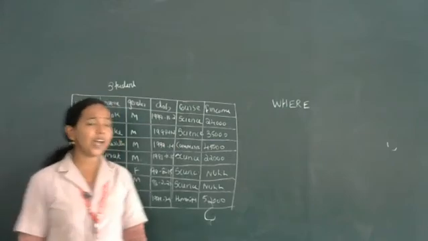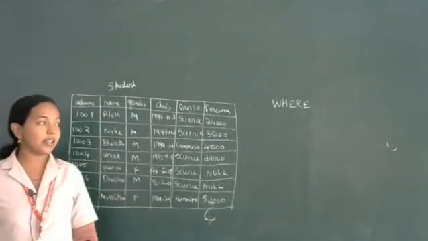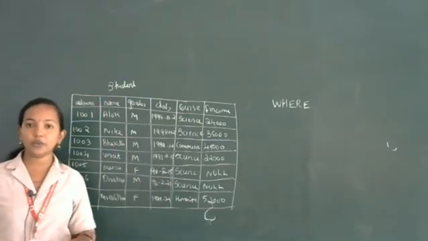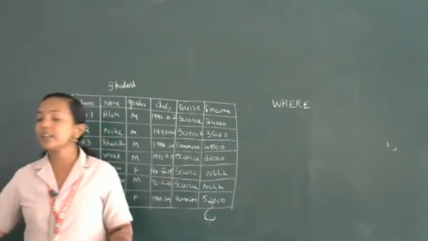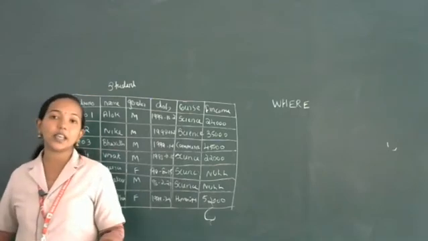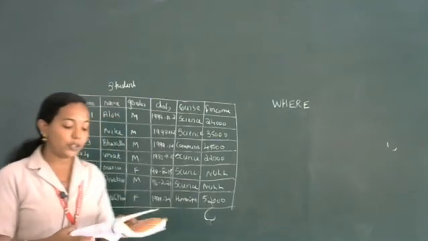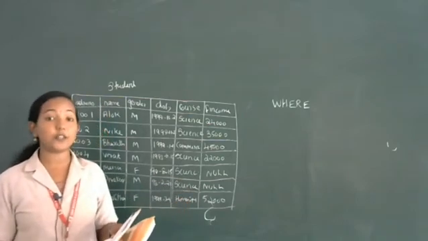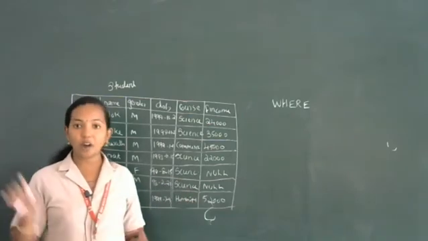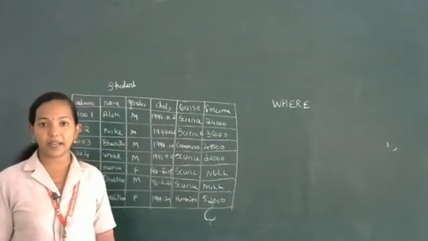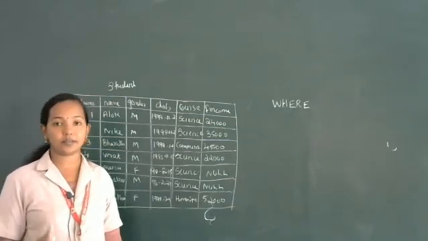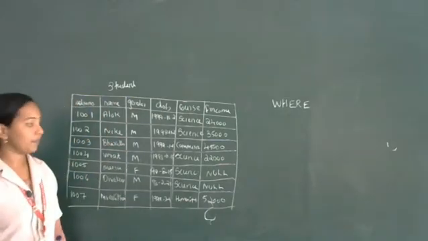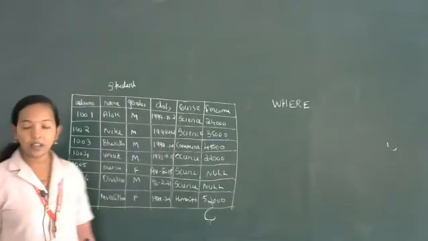All the relational operators like less than, greater than, less than or equal to, greater than or equal to, equal to, not equal to, and also the logical operators and, or, not, can be used with the where clause.